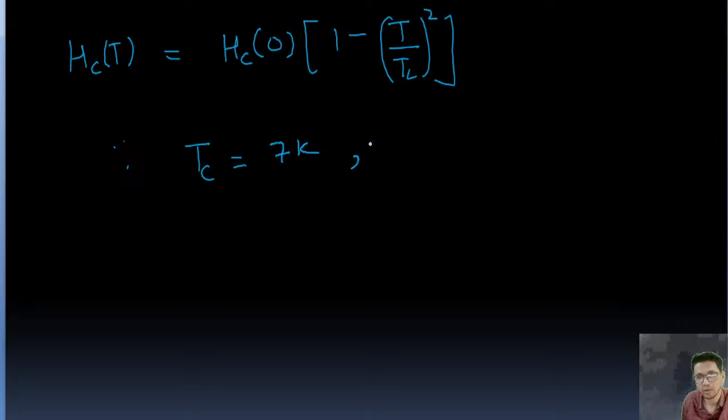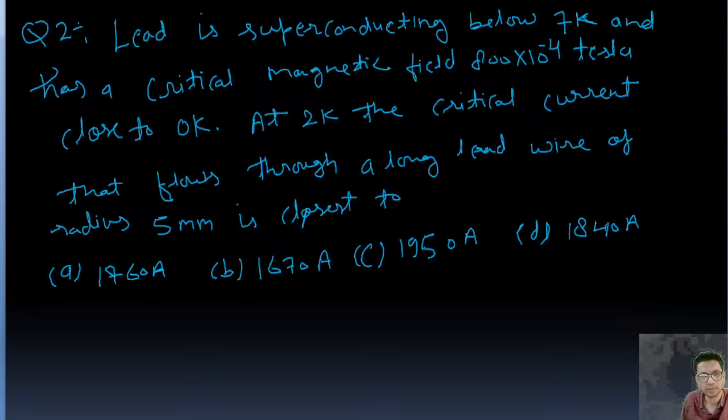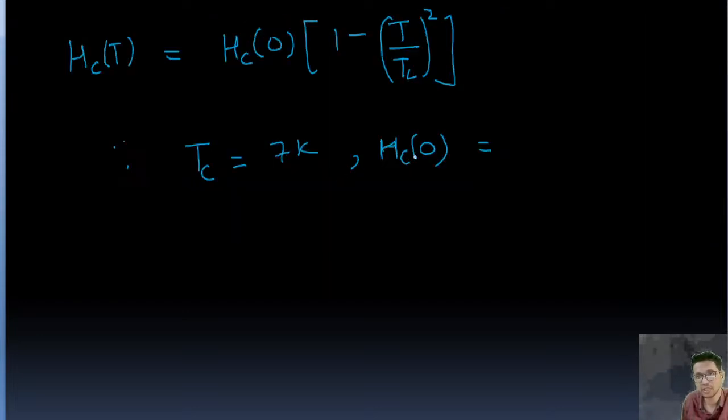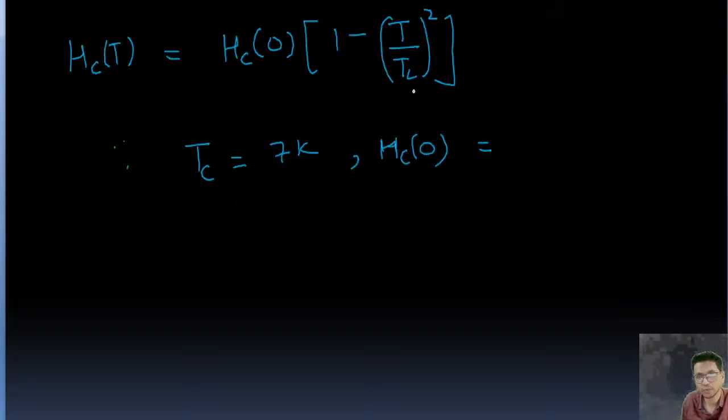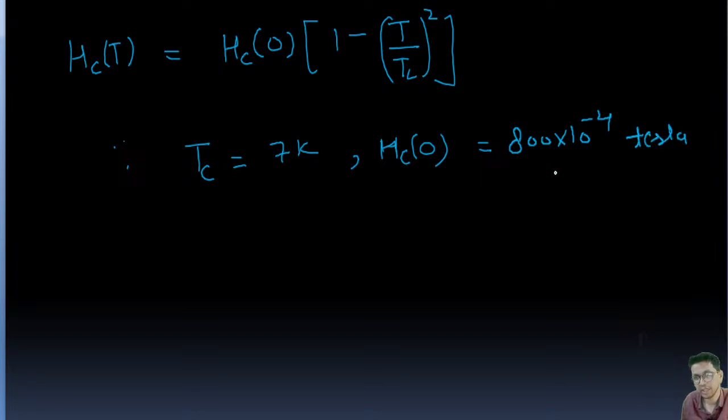Also we have been given HC(0), the critical magnetic field at 0 Kelvin, which is 800 into 10 to the power minus 4 Tesla.